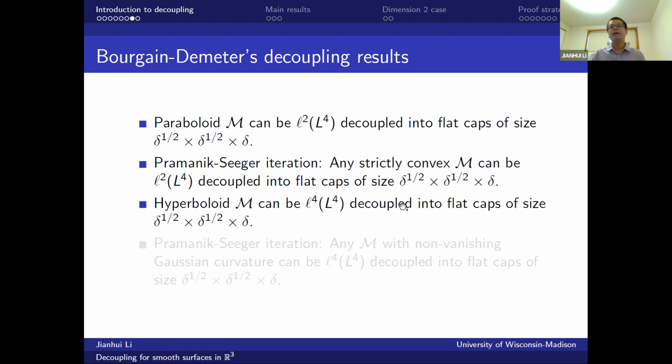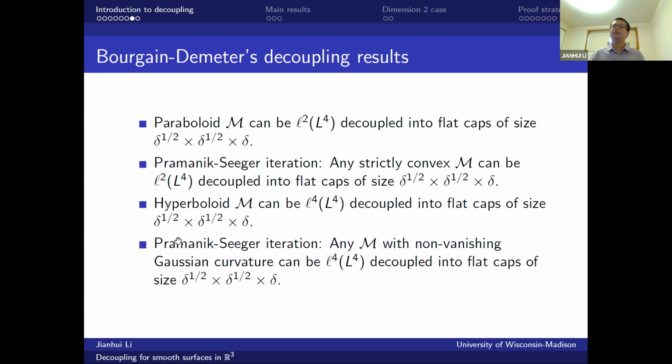Okay, and later, a few years later, Bourgain and Demeter proved a similar result for the hyperboloid. But remember, for the hyperboloid, you can never get little L2 because there are straight lines on it, and straight lines are flat. So you can't decouple flat straight lines, the delta neighborhood of a straight line. So no, little L2 doesn't work, but they do have a little L4, and we'll use that.